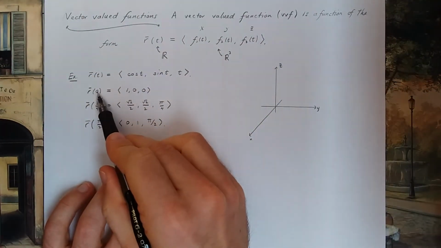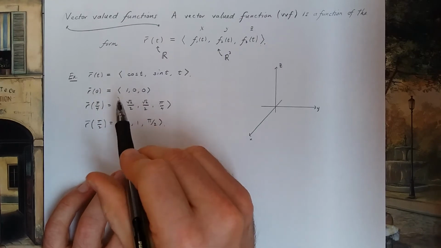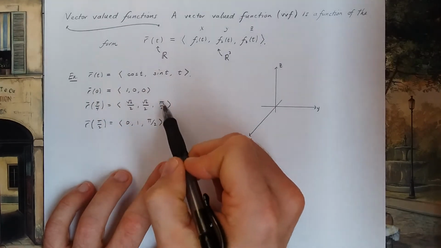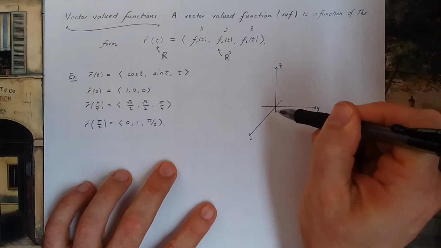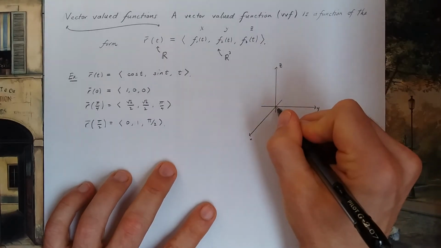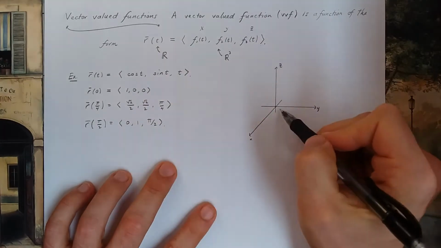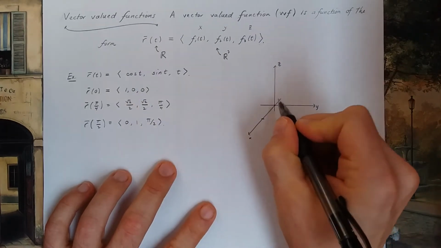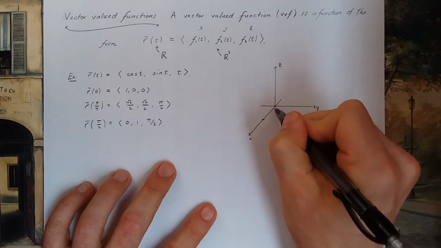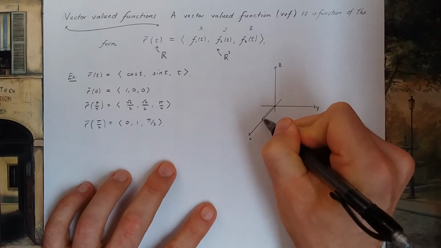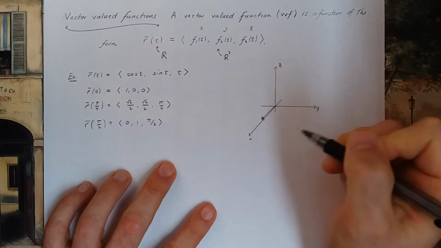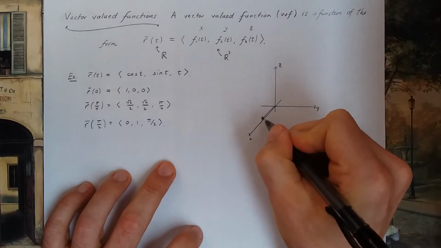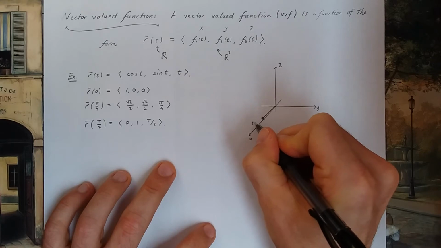So when t is 0, I get the vector 1, 0, 0. I'm going to draw all of my vectors with starting point at the origin. So the vector 1, 0, 0 is the vector that is coming straight in the x direction and is 1 unit long, a unit vector. So there's my value when t is 0.